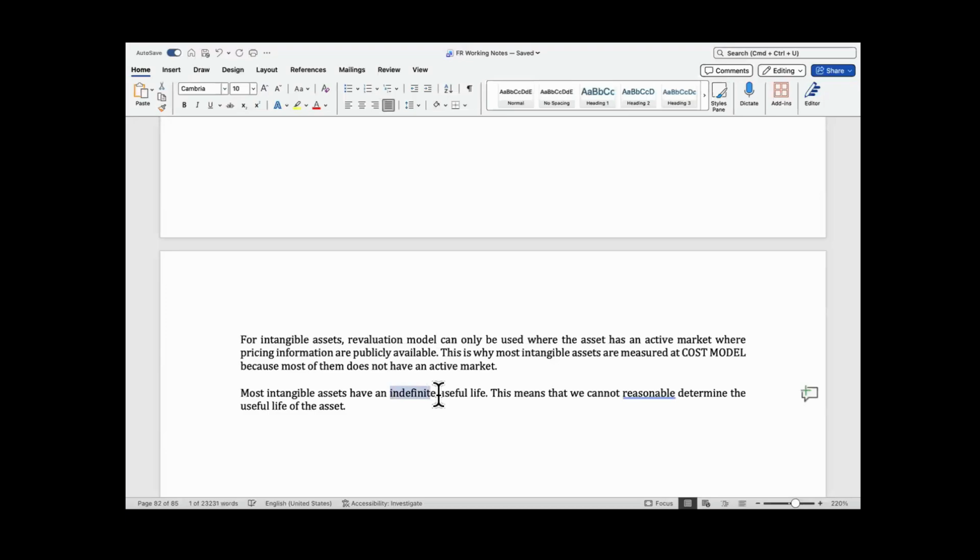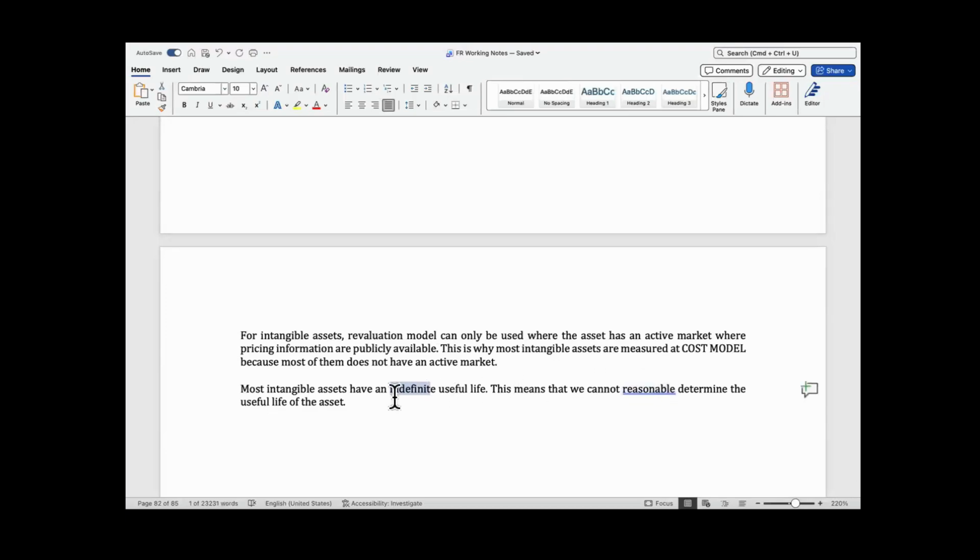You know that indefinite is not the same thing as infinite. They are different. What IAS deals with is indefinite useful life.